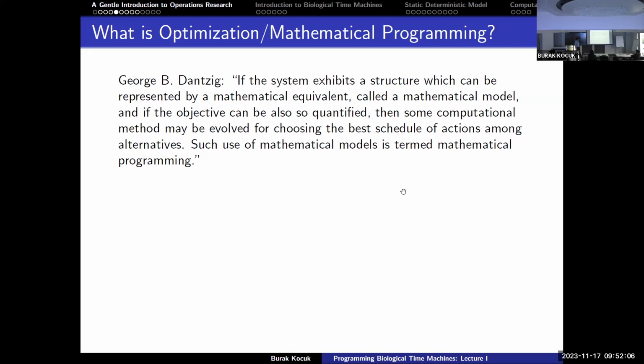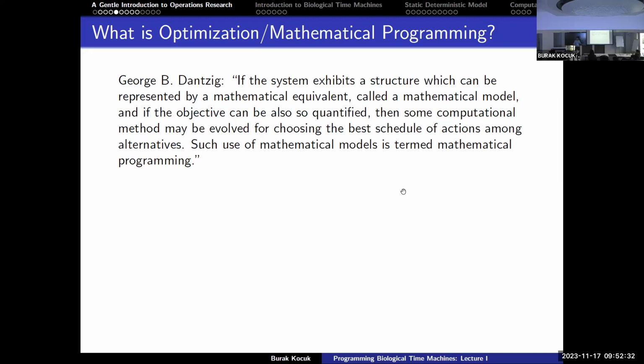And if the objective can also be quantified, this is interesting because before Dantzig, people were trying to solve optimization-looking problems, but they didn't have this idea of putting in an objective function. So he is kind of the inventor of the objective function, which is very interesting. And some computational methods may be involved.